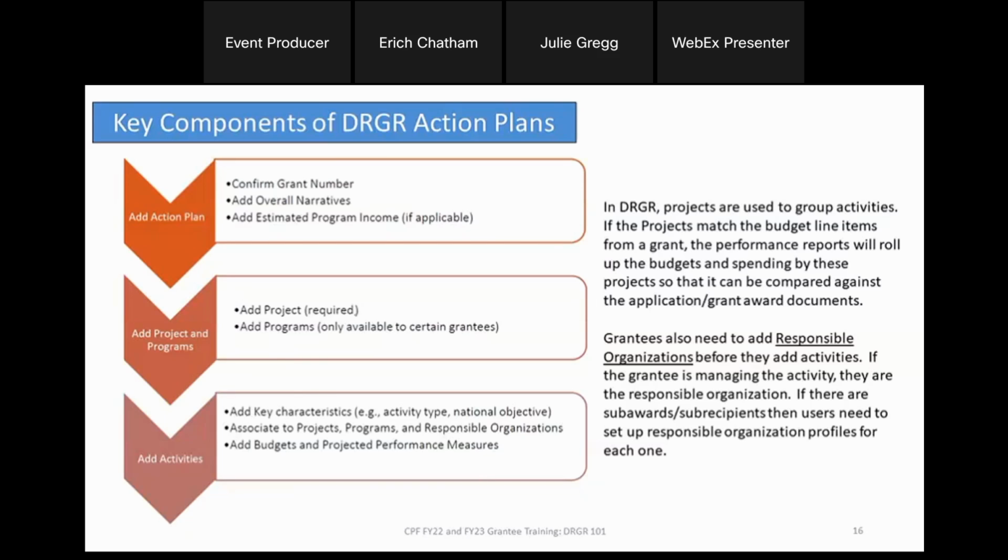So you'll add the action plan, you'll add your high-level projects and programs, and then you'll add specific activities. Activities will have specific outcomes, key characteristics, and meeting outcome objectives. Activities will then have budgets, and this is where you will draw down funds, at the activity level. Next slide, please.